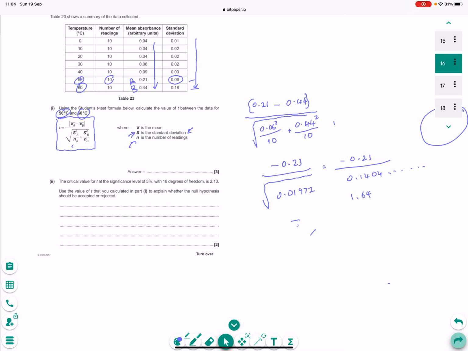Problem here is this is giving you a negative value. Okay, I made a mistake there. That must be A, which goes there, and this must be B. Hey ho, we all make mistakes, even me.